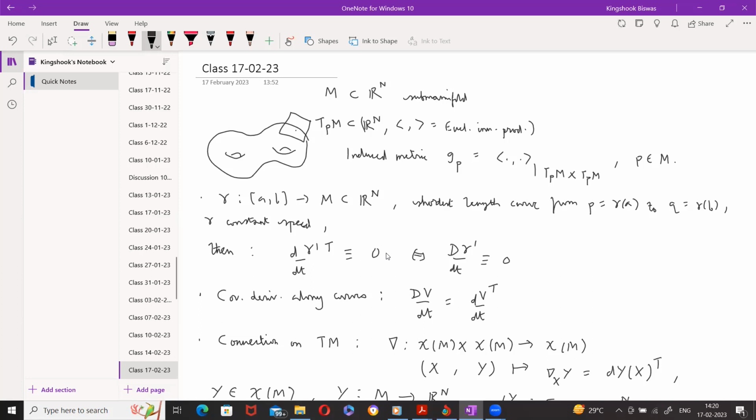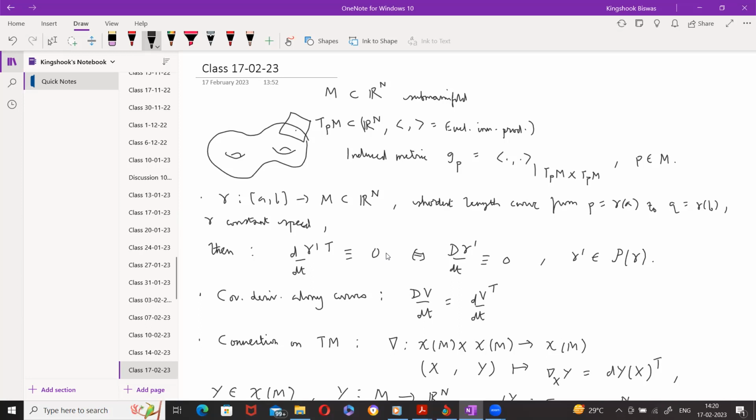Okay. Or in other words, the tangent vector gamma prime is parallel along gamma, right? Yeah. So this is a necessary condition for a constant speed curve to be of shortest length, right? Is that clear? That is in a submanifold of Rn with the induced metric.